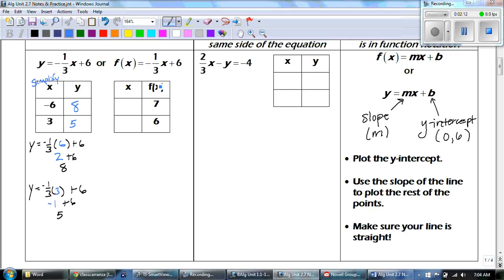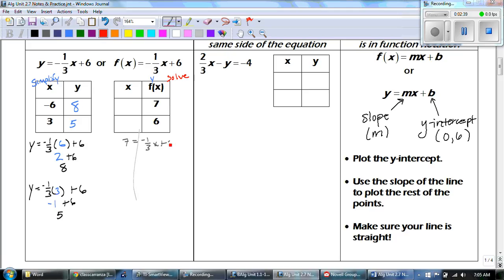On the other side, they're telling us the f of x, which we've also said is the y. And when we do that, we need to solve. So they're saying that 7 equals negative 1/3 x plus 6.